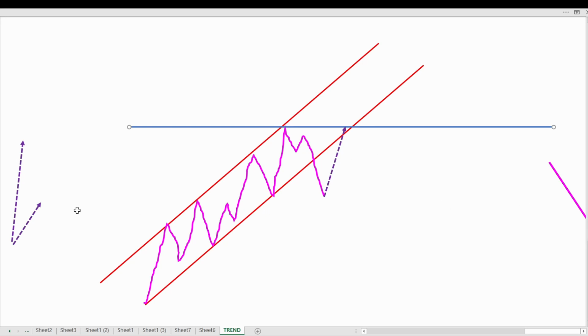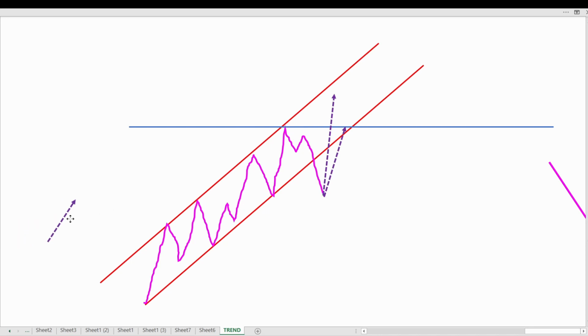So there are really three probable outcomes that can happen when the price action closes outside the trend channel, when it breaks the channel. The first one is that it makes exactly a double top. The next probable outcome is that the price action breaks through this level here, and closes above this resistance level here.